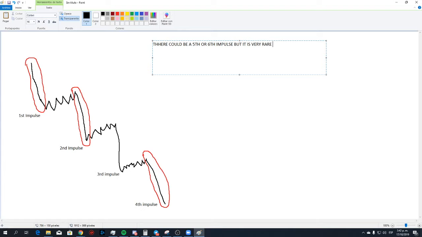But it could happen. It's the same as the trend line. The more the touches, the higher the chance to break that trend line. Same here. The higher the amount of impulses, the higher the chance to have a trend change movement.